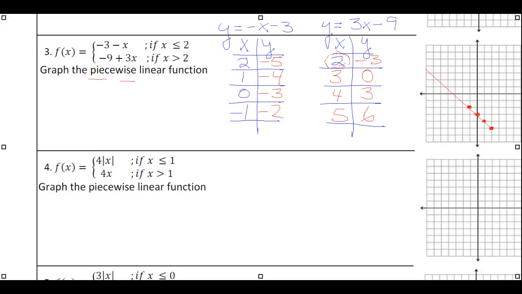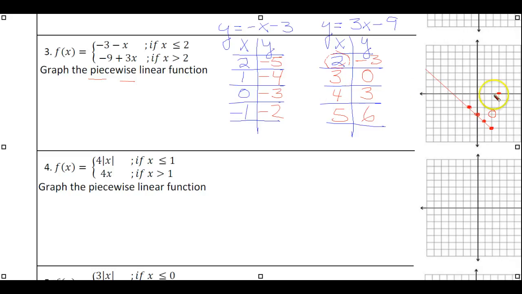Now, in doing the next one, we have 2, negative 3. So 1, 2, 1, 2, 3. We put a circle there, and then 3, 0. 1, 2, 3, 0 right there.